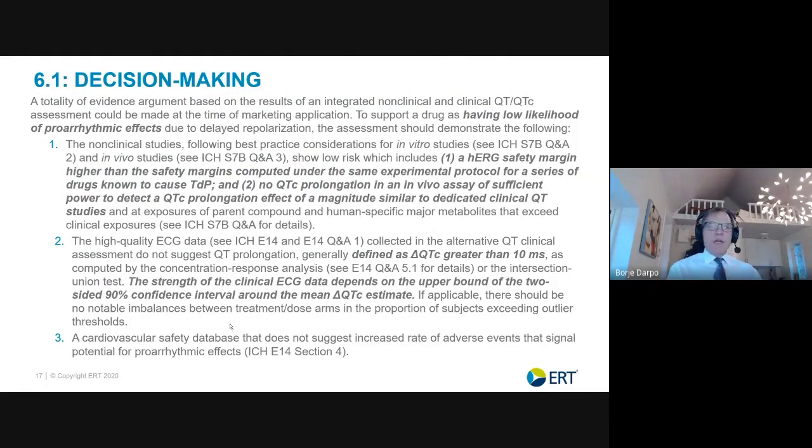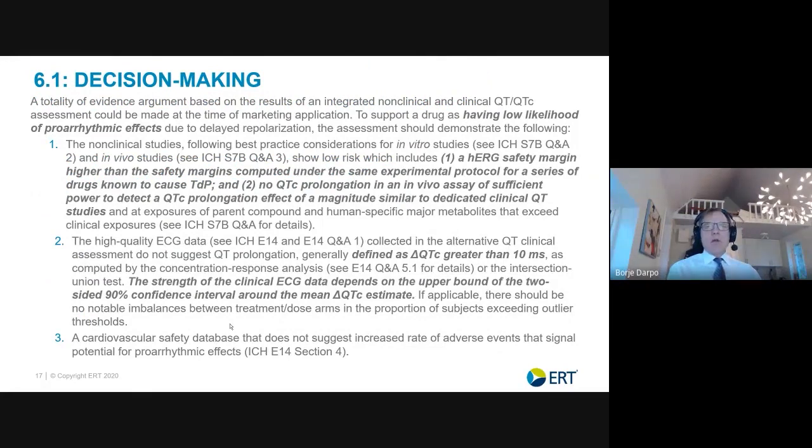If that is not seen, and we have confidence in the strength of the clinical data based on the confidence intervals, then the sponsor can make the claim that this drug is unlikely to have pro-arrhythmic effects. Then, of course, a cardiovascular safety database that doesn't suggest anything alarming would also be required.